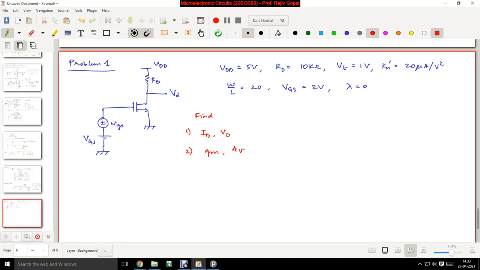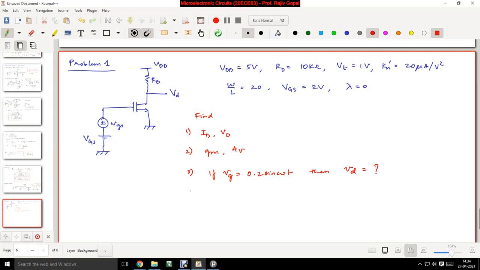Third, if vg is 0.2 sine omega t, a signal, then what is vd? What is the output voltage?